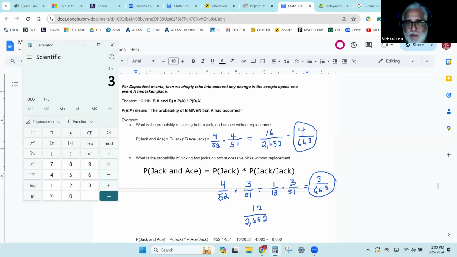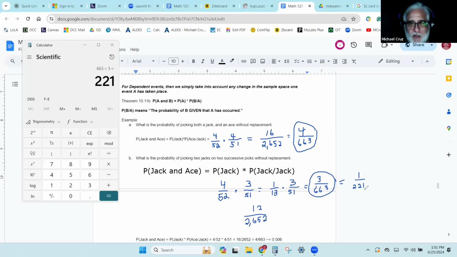Oh, you know what? That's 12. That's still not simplified. 1 over, because they both got 3. Yeah, there we go. Make sure your fractions are simplified over there, because if you don't, half the time they'll ask you to put it in decimal, but make sure you put it to the right spot.